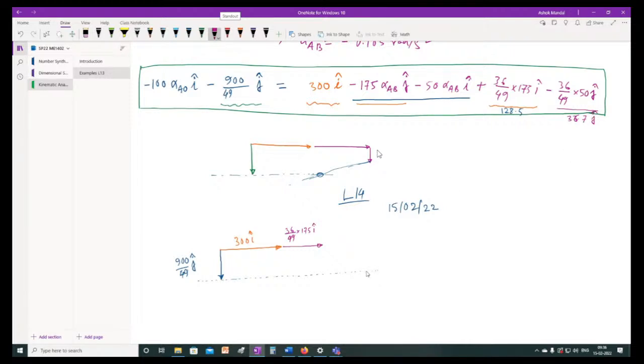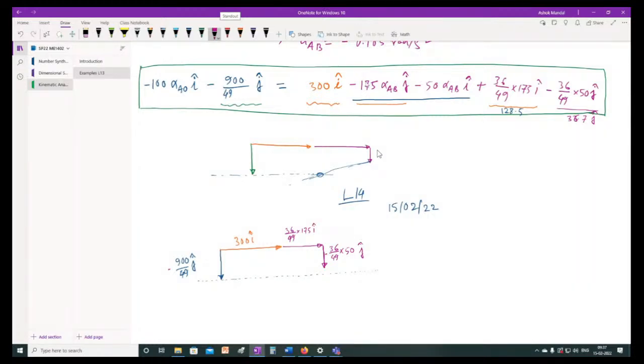So we need to go down, right? Let's say I go this much, and we will write it 36 by 49 into 50, and it is in the j direction, with a minus sign. So we have now plotted this.